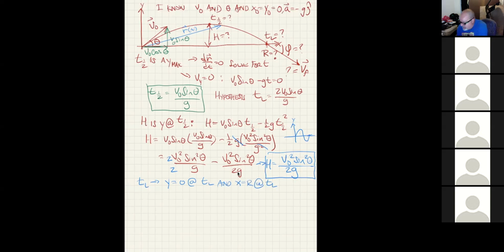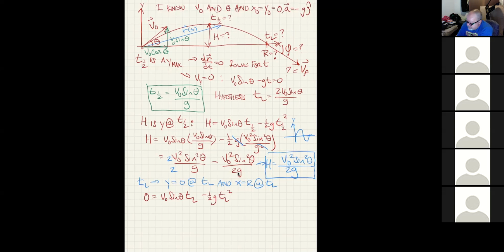What I can do is I can take my y expression, which I just used, by the way, and I'm going to say 0 is equal to v0 sine theta TL minus 1/2 g TL squared.